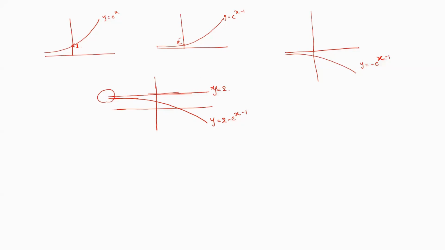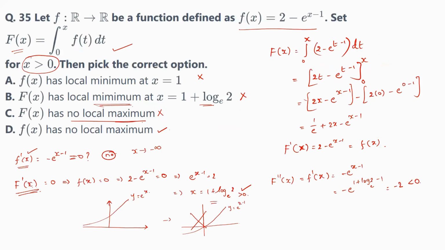So you can claim 2 as a local maximum. Okay. Anyway. Oh, it is no local maximum. Yeah, it does not have a local maximum. So it is correct. I was thinking it has a local maximum. It is correct. Okay. I hope this is understood.